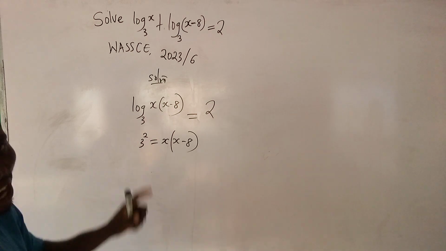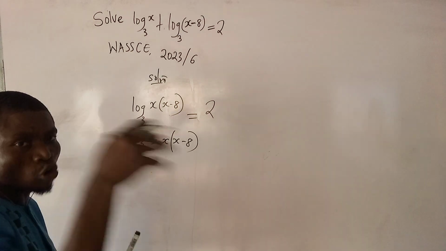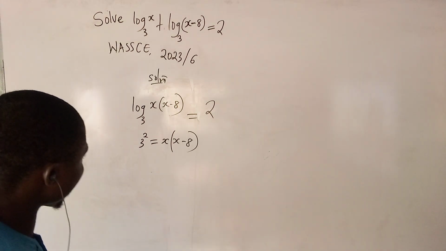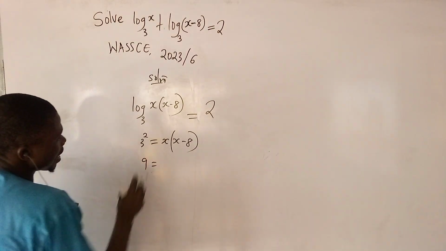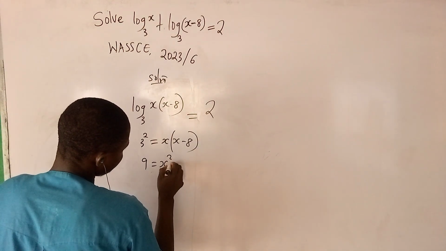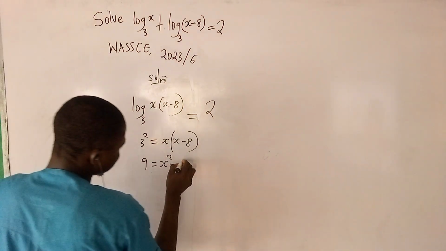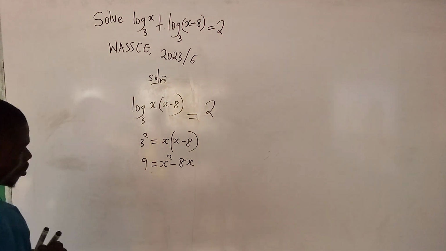That is what I just defined. Now you can see the other method and still get your answer. Now 3 power 2 is 9, equal to x times x squared minus x times 8, 8x.